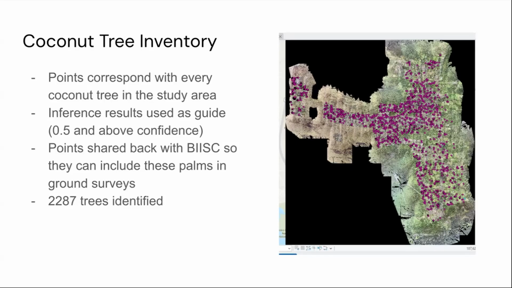That detector was also trained on drone imagery, so it didn't do as well. But any of the boxes that it produced that had 0.5 confidence or higher, I used as a guide to help me find the coconut trees in the imagery, to make the process go a little bit faster. These points were shared as a shapefile back to BISC, so they could include these palms in their surveys. And in this inventory, there are 2,287 trees.